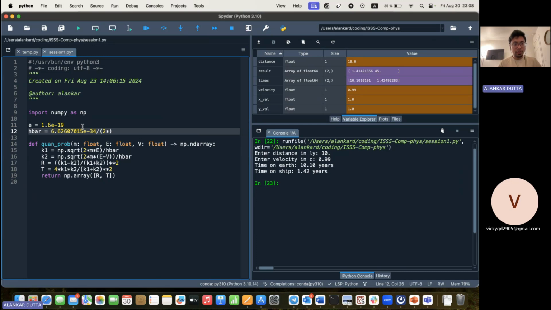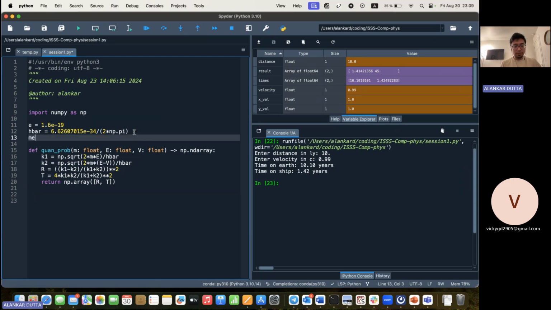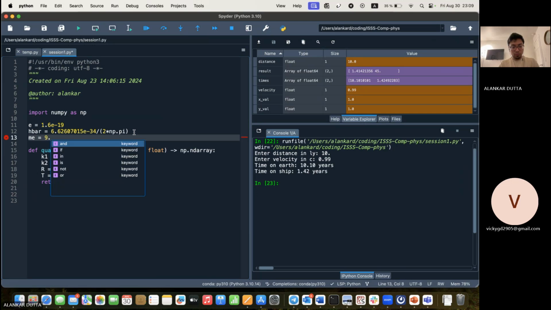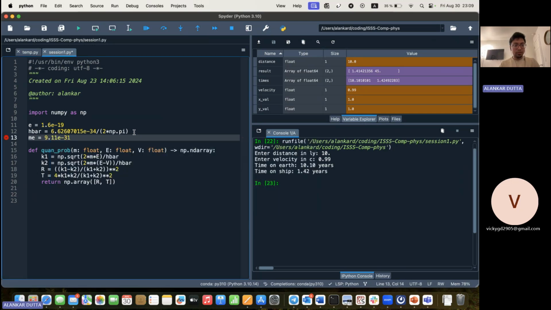The definition of h bar is h over 2 pi, where h is Planck's constant. So this is h bar. And now we'll also put in this me, the electron mass, which is 9.11 times 10 to the minus 31, in kg.